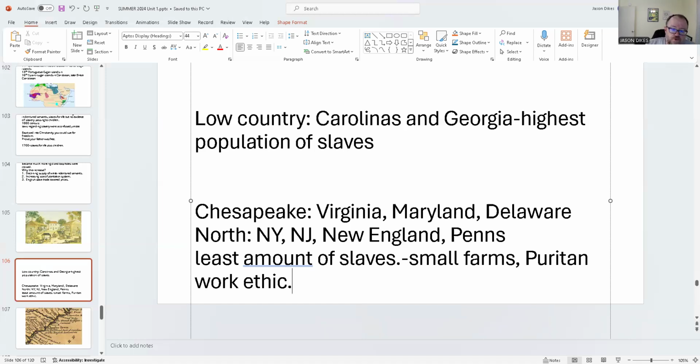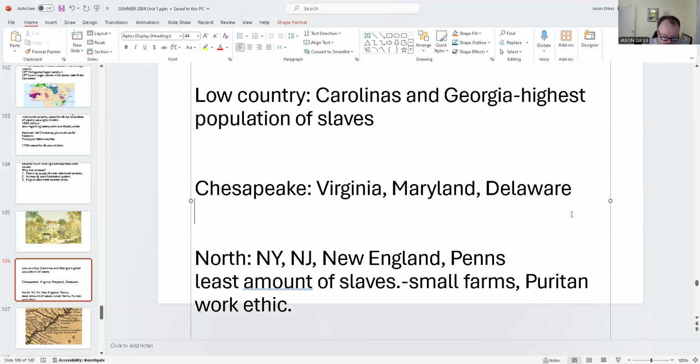So the general rule of thumb is the further north you go, the fewer and fewer slaves you're going to find. And then as far as a middle ground, the Chesapeake area, not as many slaves as the Low Country, but certainly more slaves than what you would find in the northern areas. Okay.